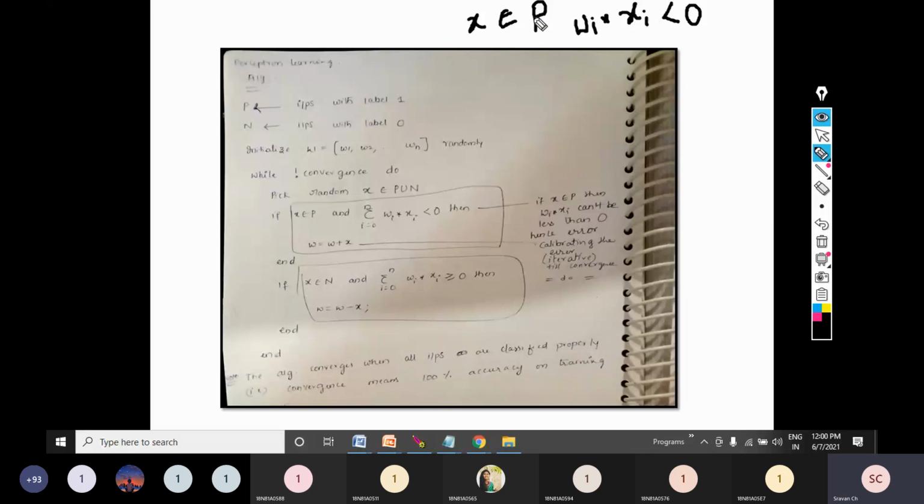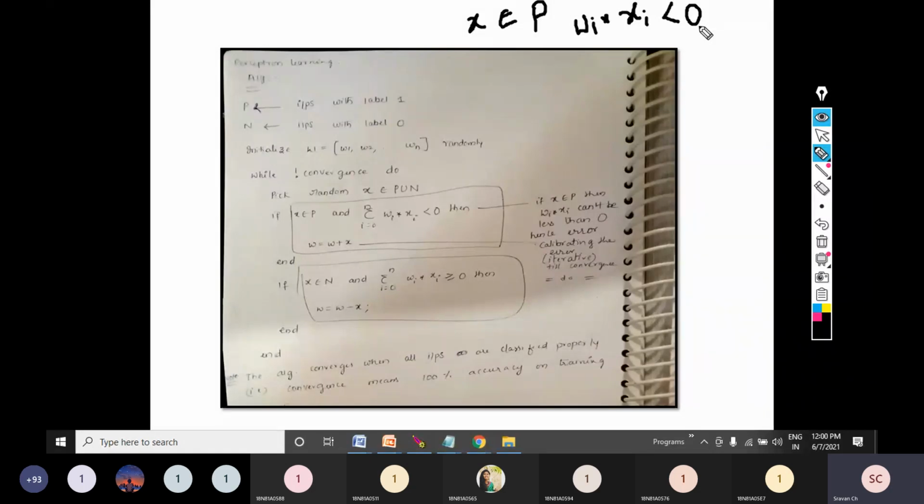It's a positive example, but when I perform Wi into xi, I am finding it to be less than 0. If it is a positive example, this summation should not be less than 0, so there is a need for correction. What correction should I do? I can't change x1, x2, x3 values. They are the inputs.